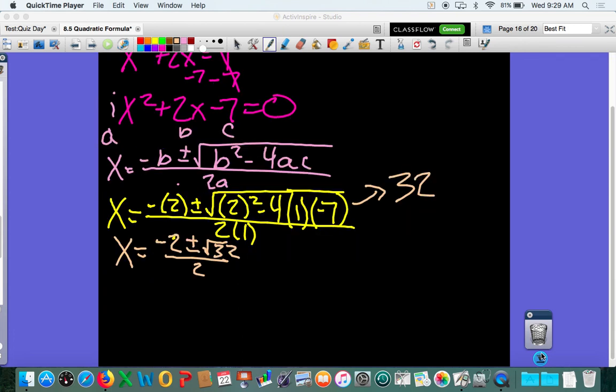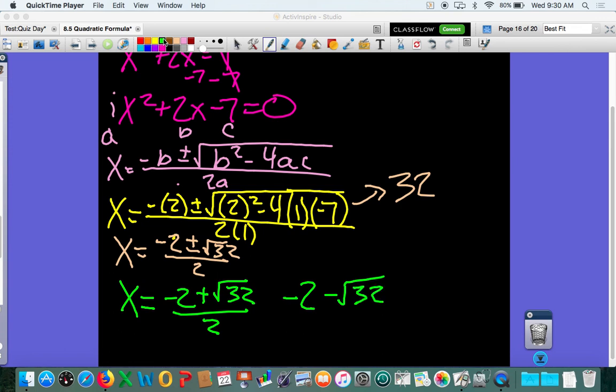Okay? Because we have a plus and a minus sign, that means I need to write this out twice. So I have x equals negative 2 plus the square root of 32 over 2, or negative 2 minus the square root of 32 over 2.